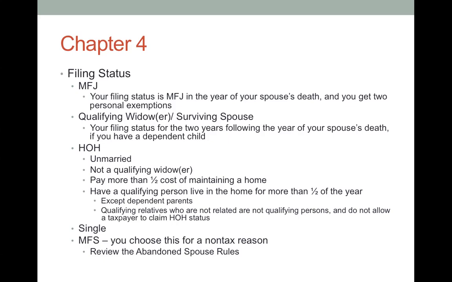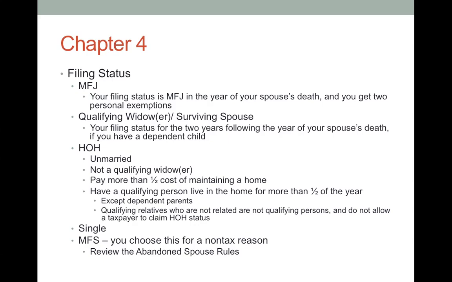In terms of married filing separately, you might just give a review of the abandoned spouse rules. So if you're married and your spouse leaves you and you're stuck taking care of the kids by yourself and covering the cost of your children, and your spouse has moved out, you don't know where they are, you might qualify under the abandoned spouse rules. Okay, so take a look at those.